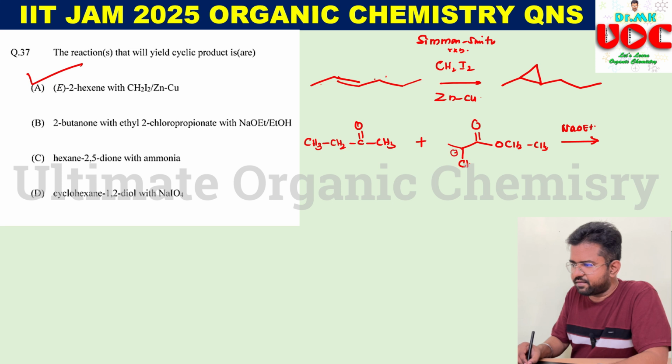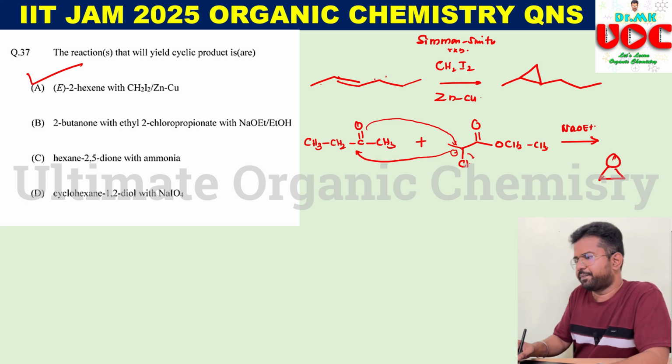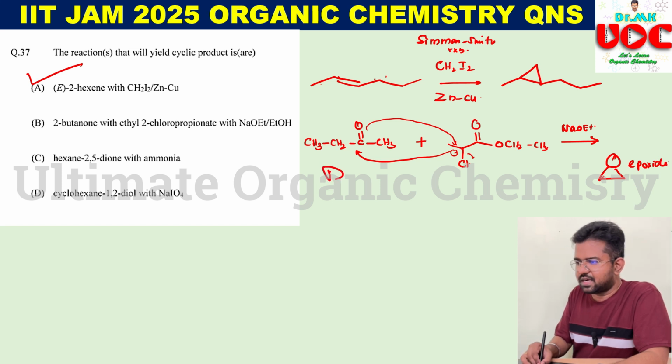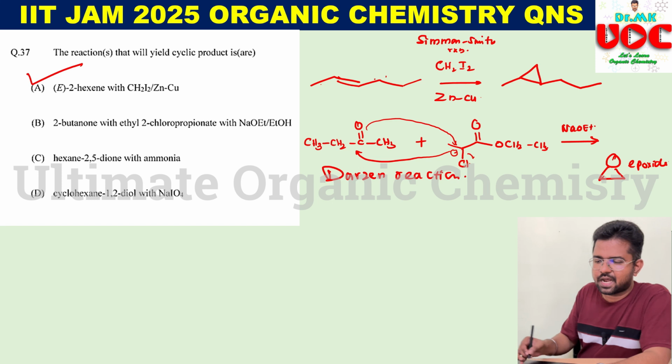The acidic hydrogen will be removed, and it will form a carbanion intermediate. If it is attacking here, the electron will shift over here, and this electron will again come back and attack the carbon atom, Cl will be leaving. So it leads to the formation of an epoxide. So this reaction is called Darzens epoxidation. Just say it's a Darzens reaction.